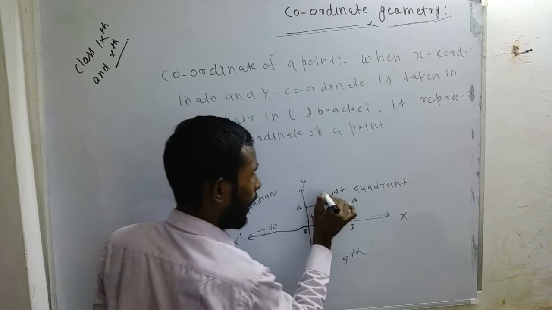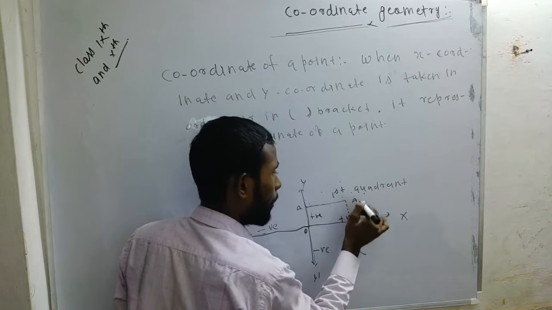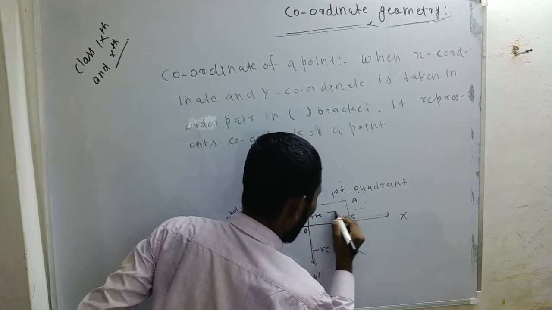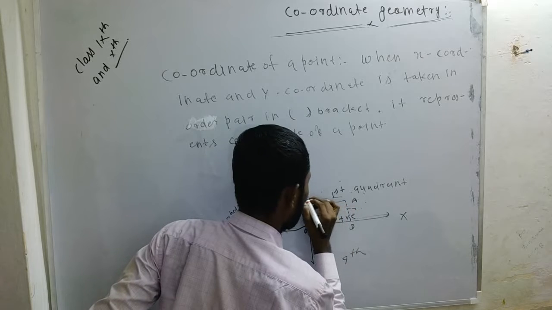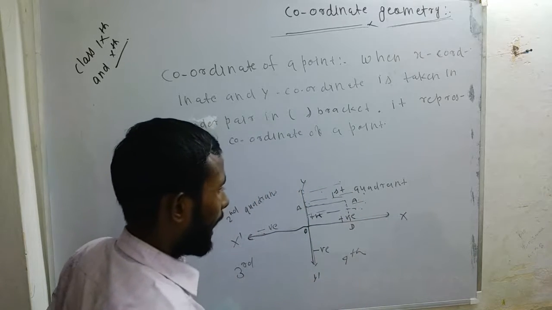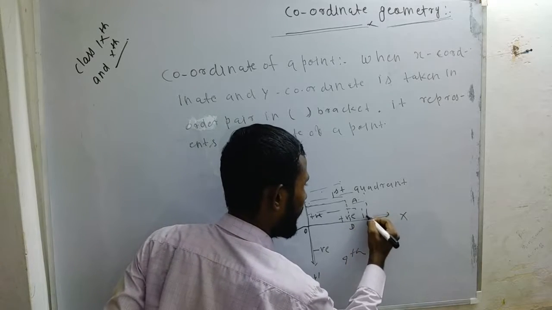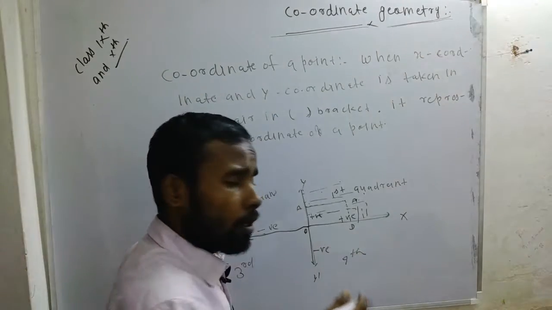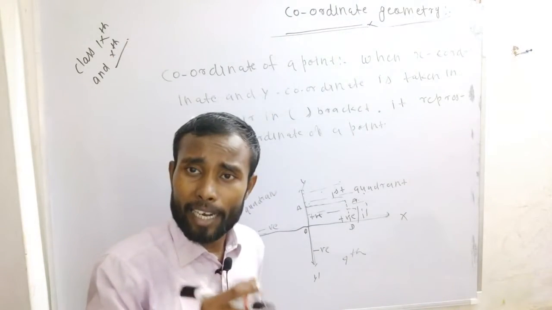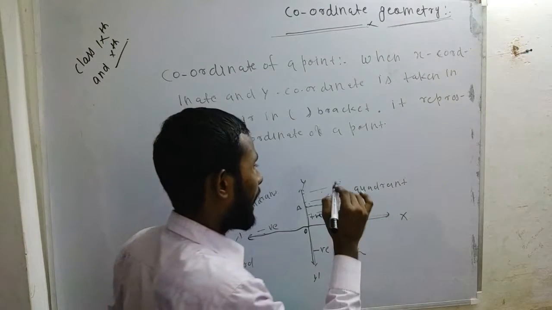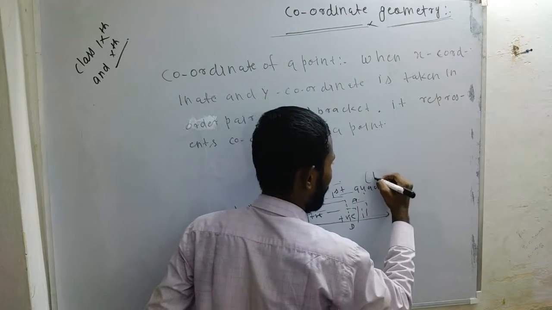If we take any point in this plane, here we observe that the x coordinate will be always positive as well as the y coordinate. So if both are positive, then it always lies in the first quadrant.